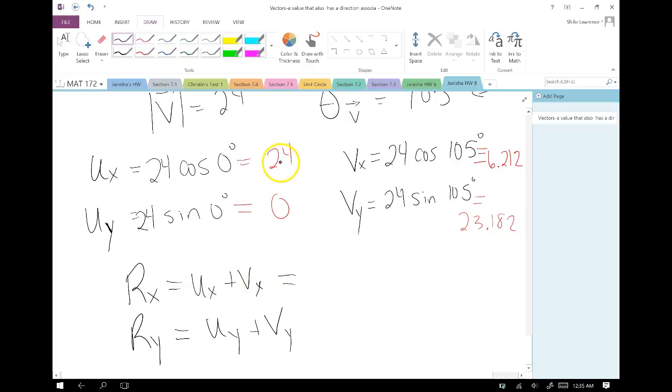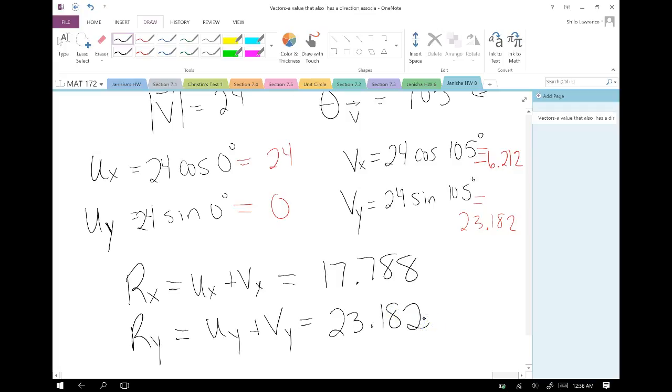So that's 24 plus negative 6.212, which is 17.788. And then for r sub y, we're going to add together u sub y and v sub y, which is 0 and 23.182, which is 23.182.